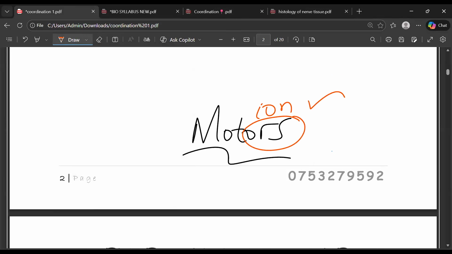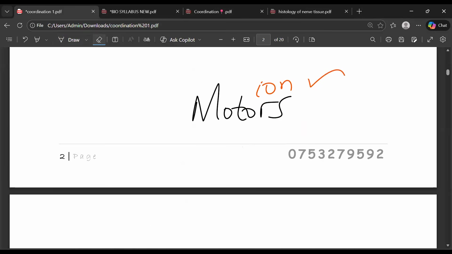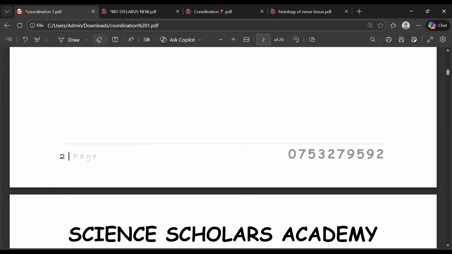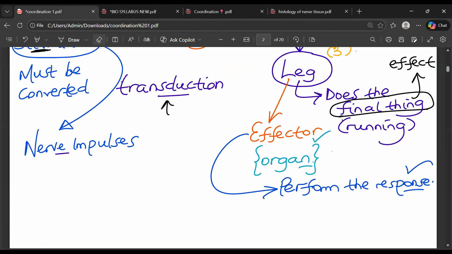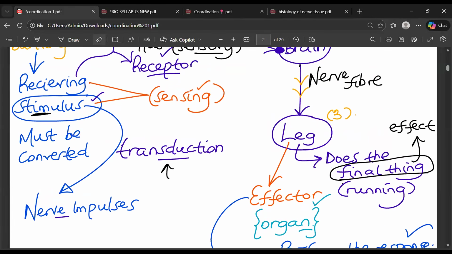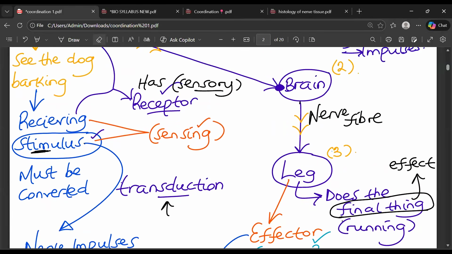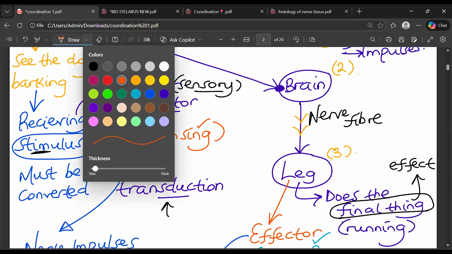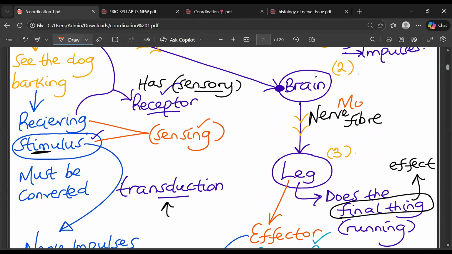You get the point? And since we are really going to our final effector, the effector organ, the one that does the effect, the nerve fiber that will be going there will now be called the motor nerve fiber. Because in most of the cases, it's going towards the effector organ that is going to perform motion.